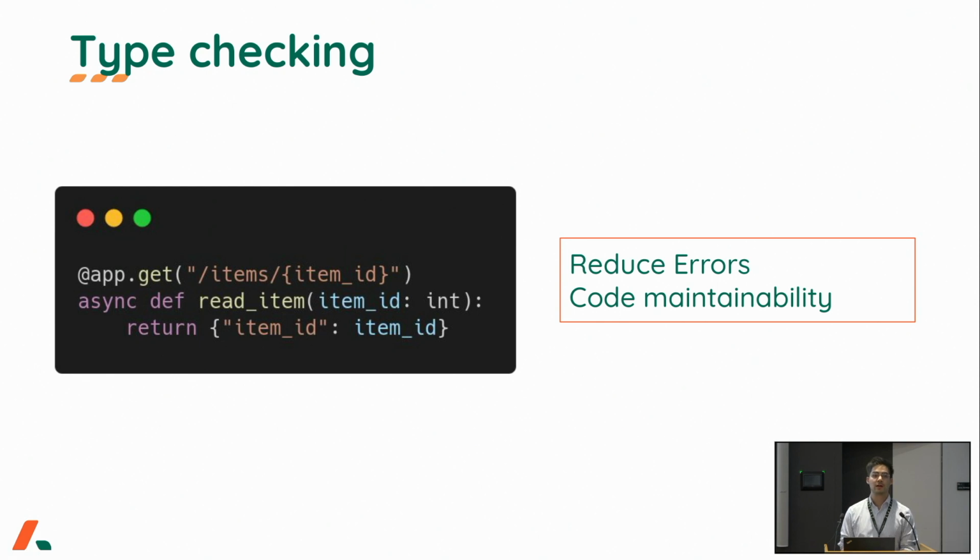Moreover, for developers, it can be really useful because nowadays IDEs directly integrate type hinting solutions. So, for example, using VS Code, it will automatically see that item ID is an integer, and when you are browsing around your code, it will be useful.